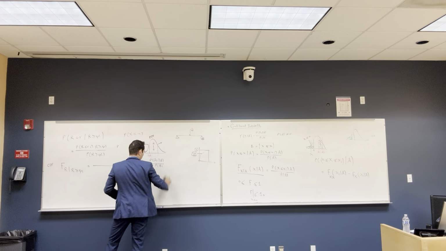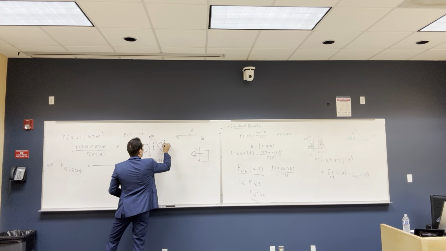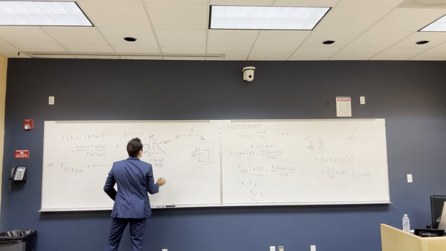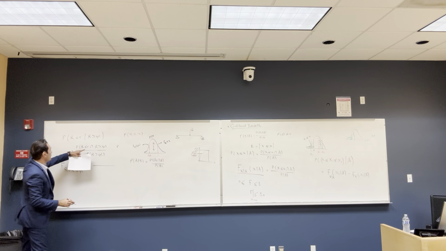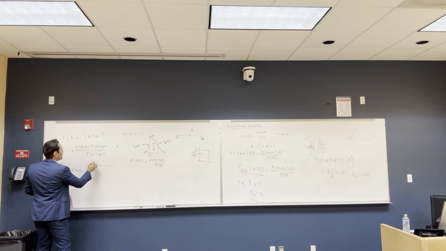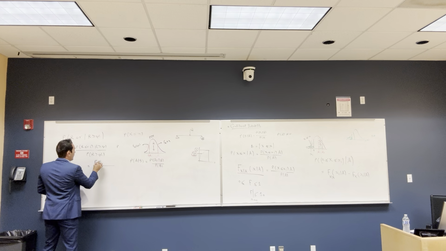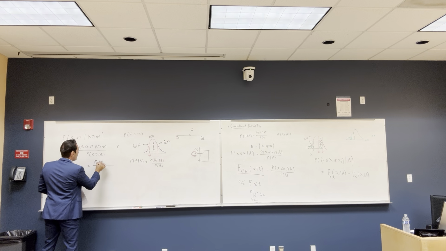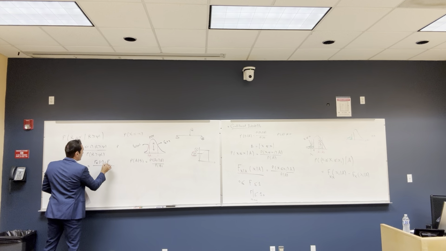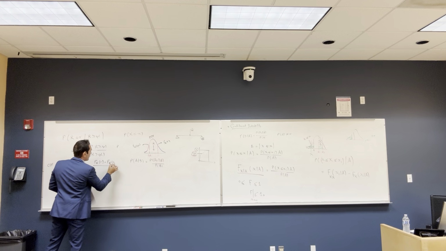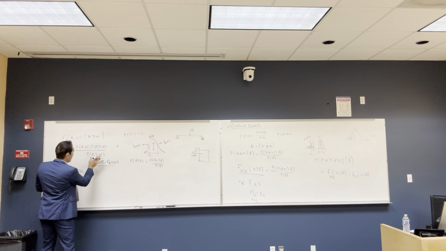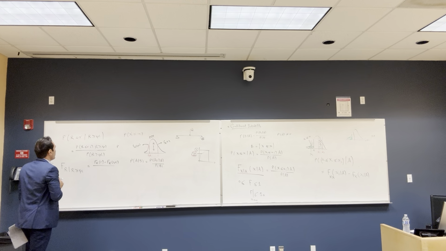And here, this is FR of R. If you want to find these two probabilities, you have to subtract FR of R minus FR of RBL over this one. This one is a little bit tricky.